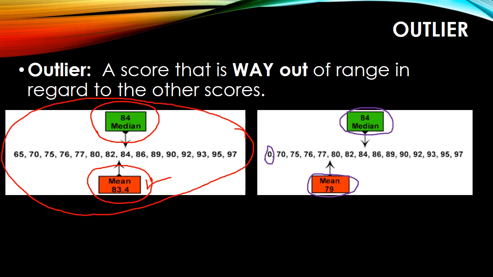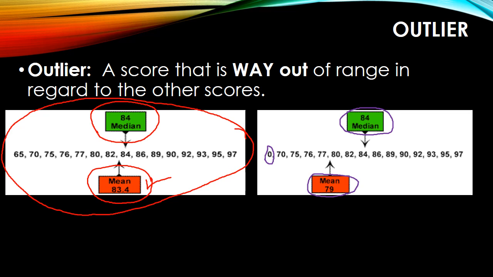In any case, the mean in this situation is not going to be a good representation of the center. But the median is. Even with an outlier, the value of the median in this data set did not change.